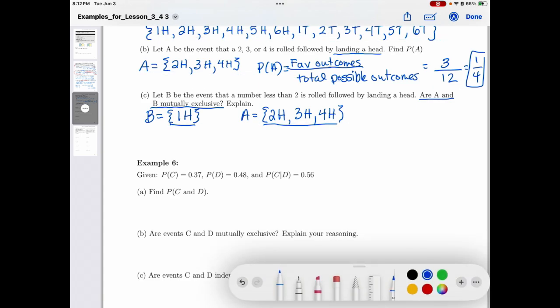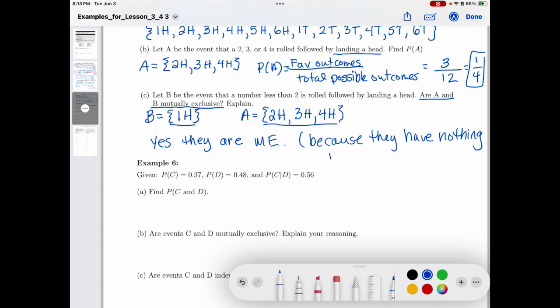We don't have 1H in A, and we don't have 2H, 3H, or 4H in B. So since there's no overlap and they don't have anything in common, we would say yes, they are. I'm going to abbreviate ME for mutually exclusive. And then I'm going to put in parentheses because they have nothing in common.